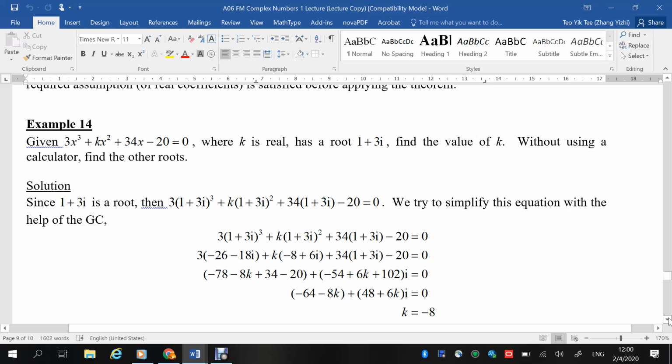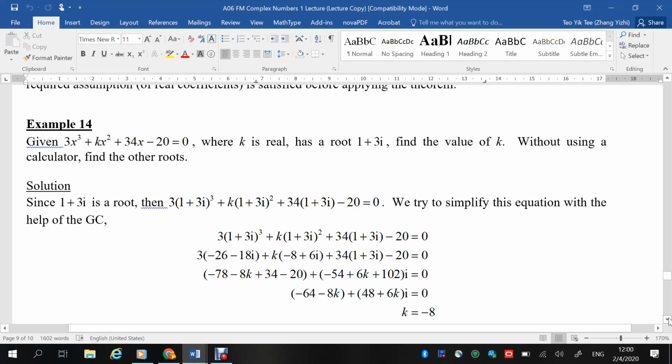Next, after you solve for the value of k, the question now says find the other roots. So your equation becomes like this: 3x cubed minus 8x squared plus 34x minus 20 is equal to 0. Okay?